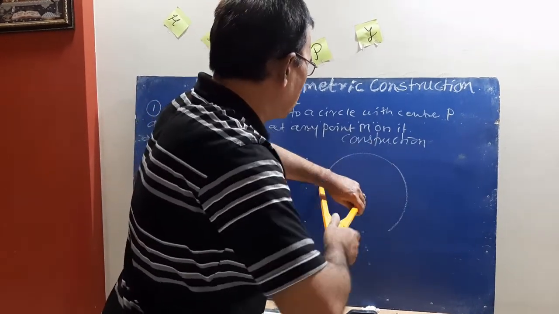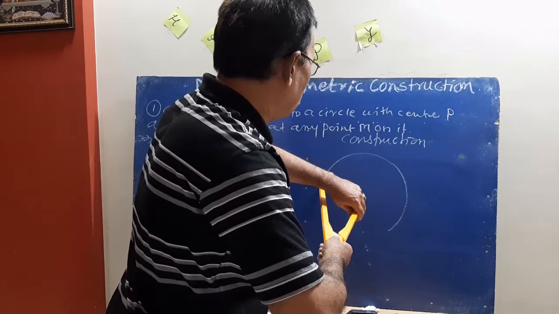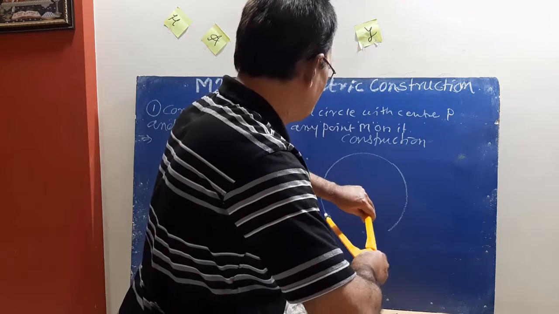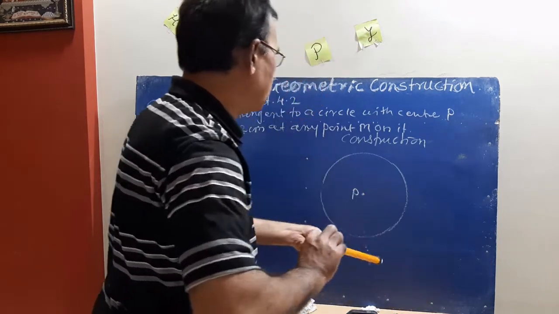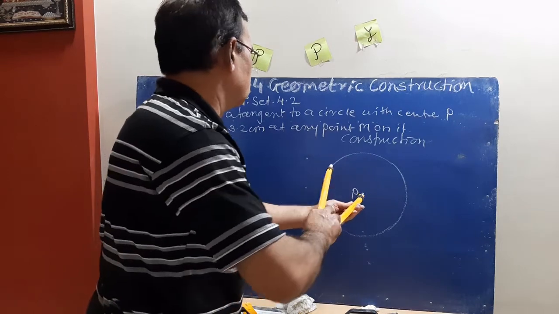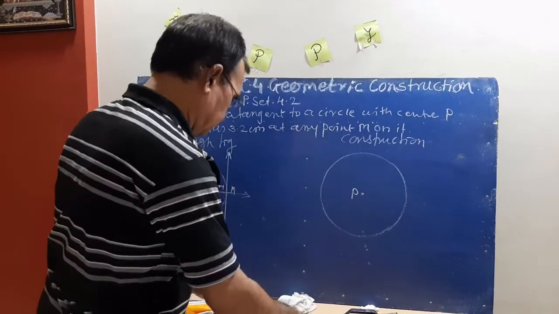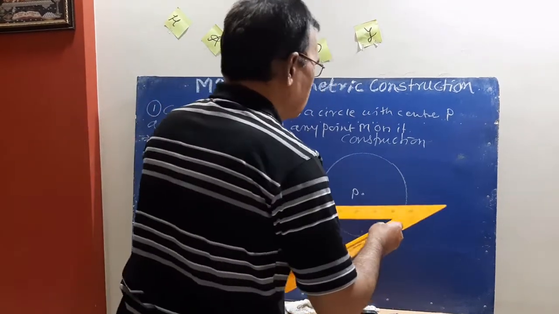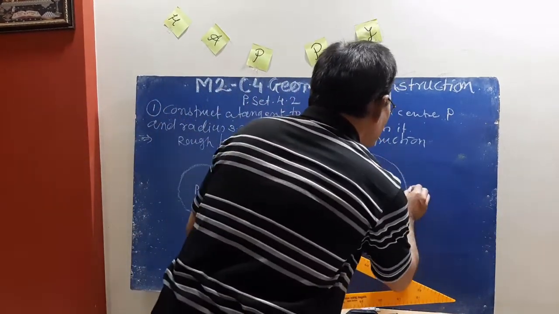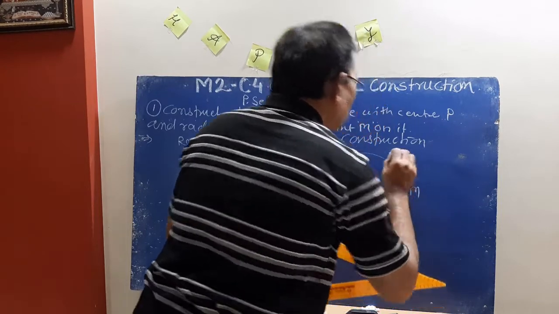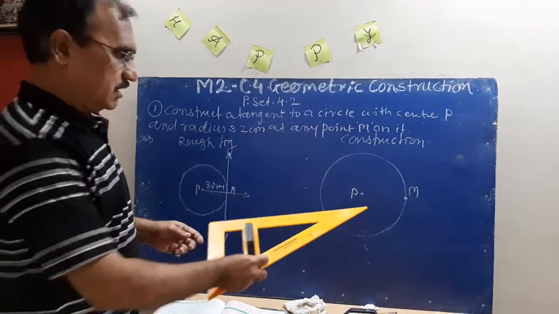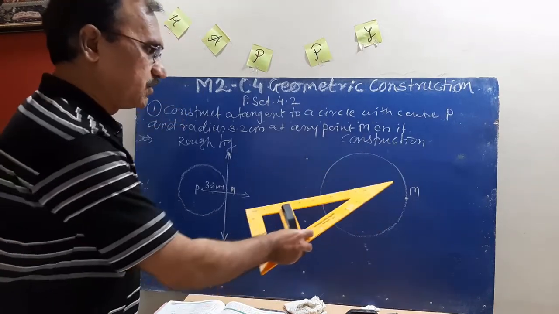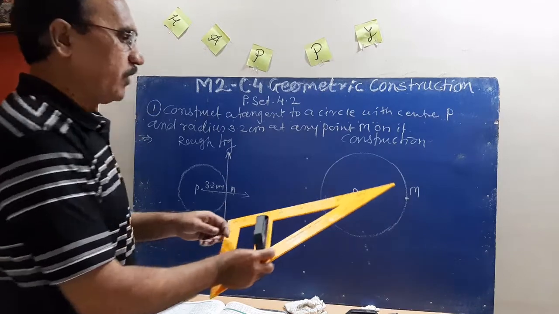Take accurate measurements with the help of a scale. This is the circle having radius 3.2 cm. Point M is on the circle. We can take point M anywhere, and we have to construct the tangent which is passing through point M.